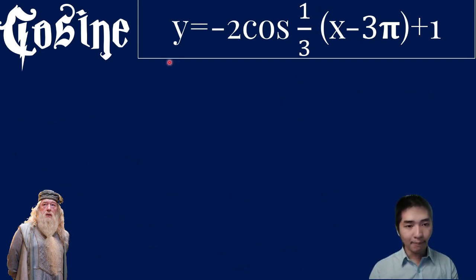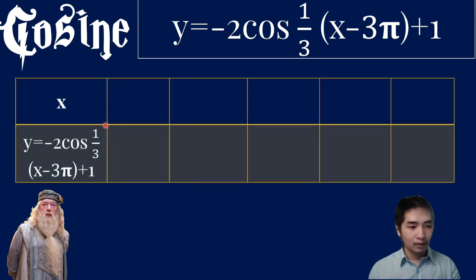So before we graph, let's first identify the values of x and y. To find the value of x, we have 0 plus phase shift, so 0 plus 3 pi is 3 pi. The next is period over 4 plus phase shift, which is 6 pi over 4, or 3 pi over 2, plus 3 pi, equal to 9 pi over 2.